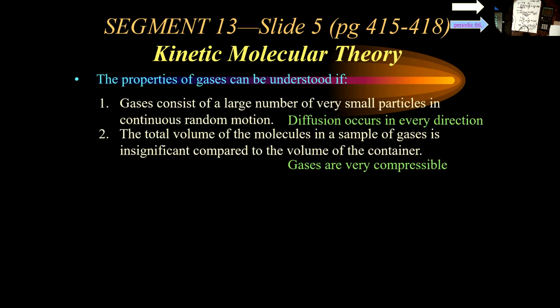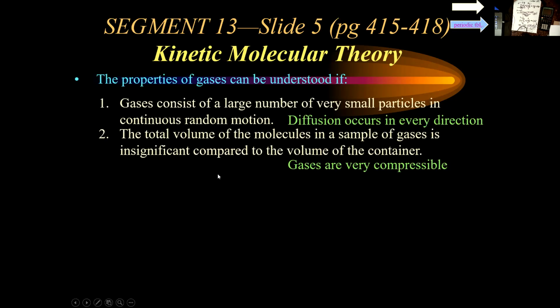But in reality, I can take the volume of the container and reduce it to 1,000th of its original volume, and the gas is still in there and still behaving like a gas. So we believe that most of the container is just empty.